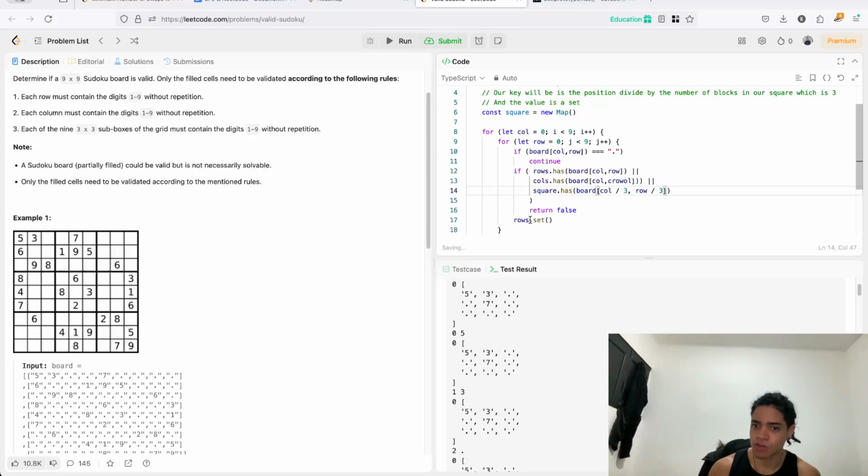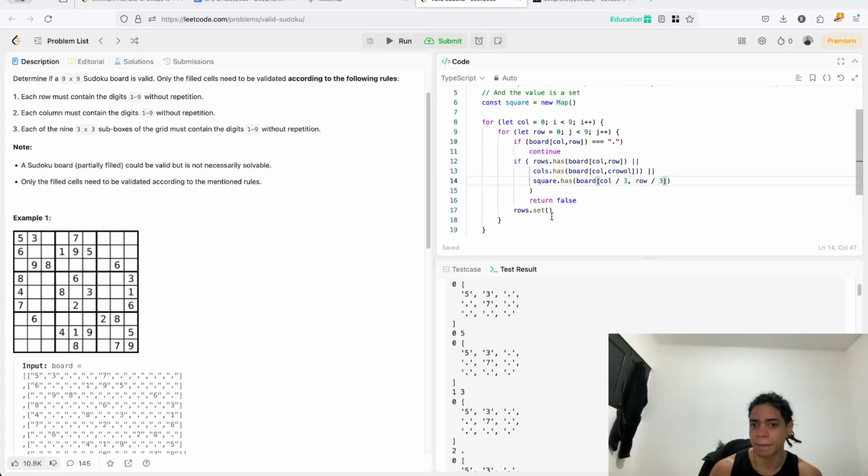We're going to have a map keyed by the row, and at that row I want you to store the value of that position, which is the column and row.